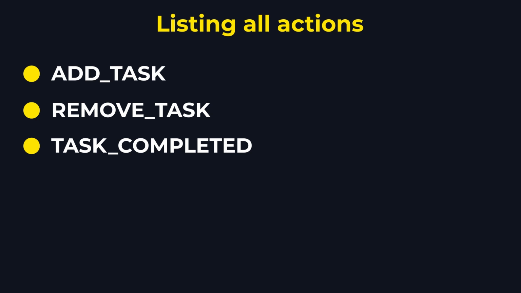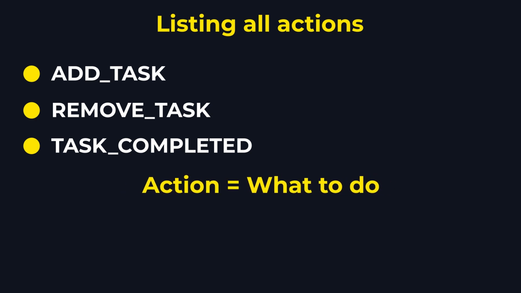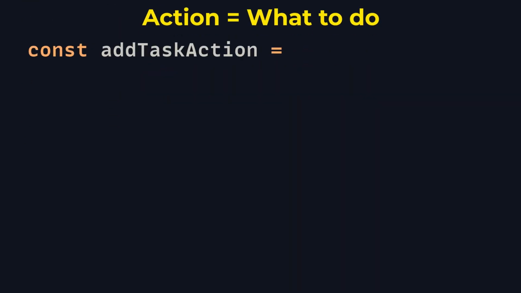So at the beginning of this section, I told you that an action will say what to do. So in Redux, every action is an object and the structure of this object is fixed. Every action object has at least one property, which is type, or we can say the name of the action. For example, our first action is add task.